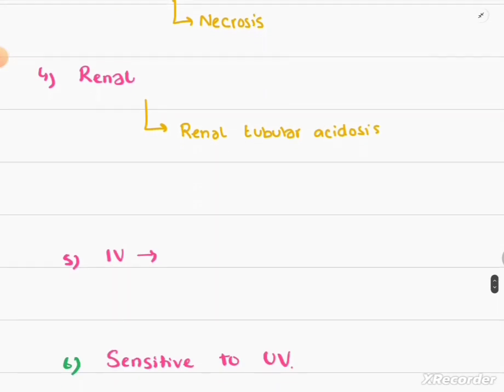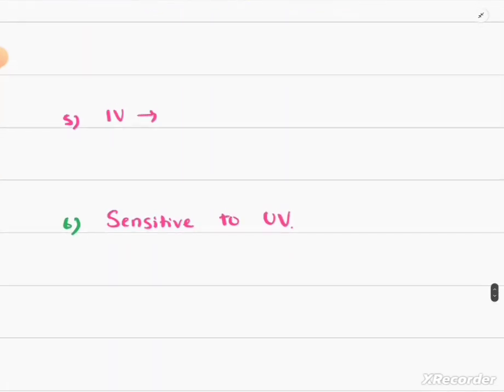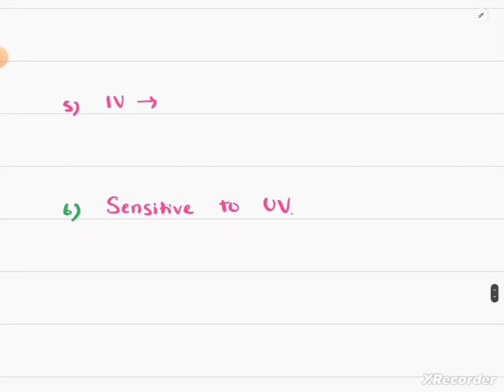Intravenous administration of tetracyclines can result in venous thrombosis. Systemically administered tetracycline, especially demeclocycline, can induce sensitivity to UV light.